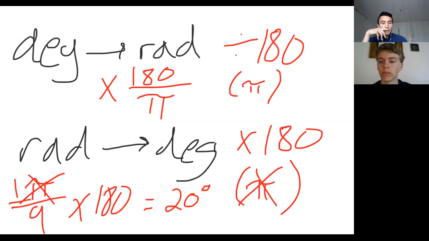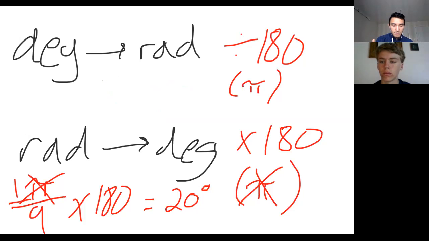So the real formula is you're multiplying by 180 over pi radians. But I'm just trying to shortcut it: instead of writing 180 over pi all the time, just get rid of the pi because it's going to get rid of itself anyway.